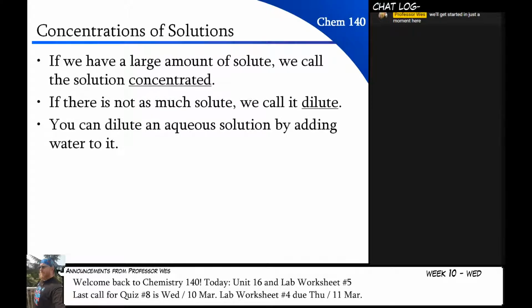We need something that will give us quantitative information about it, particularly if the solution is clear and colorless, right? If I put salt into water, it doesn't change the color, so I can't tell if it's concentrated or dilute without doing something like tasting it, and that's obviously not a good strategy for other chemicals.